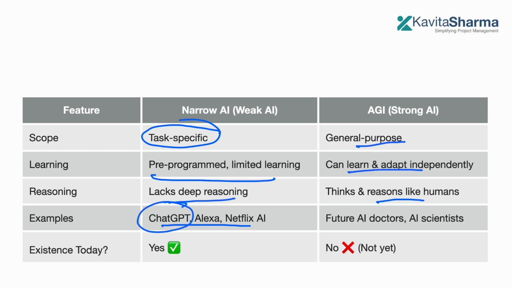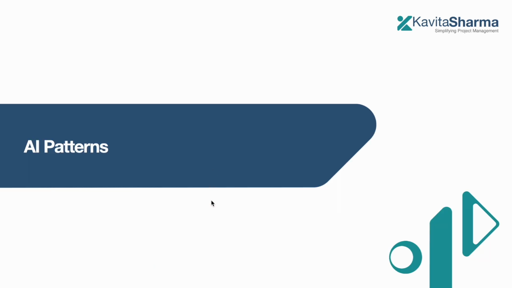I won't say it is a weak AI. It is a pretty good AI, but it's available. Alexa, Netflix, and so on. These are the narrow AIs. Future AI doctors or scientists are going to be the future. They exist today, yes, we are all working with them, and AGI or strong AI does not exist as of today. We are making progress, but it doesn't exist.